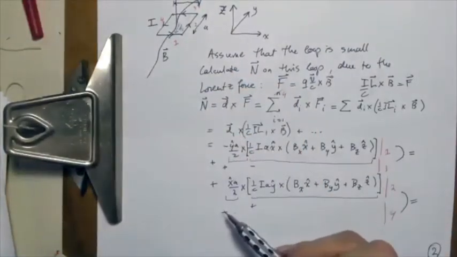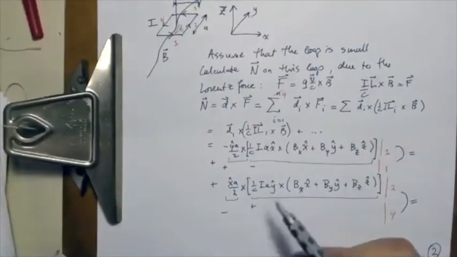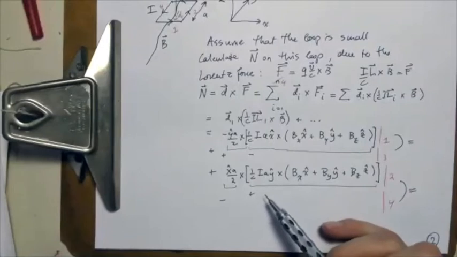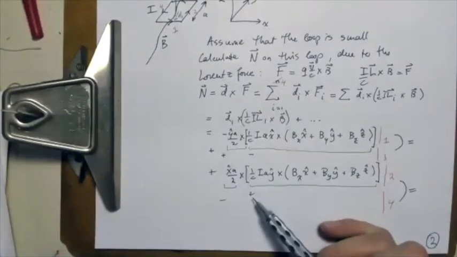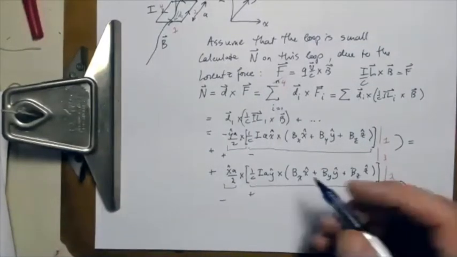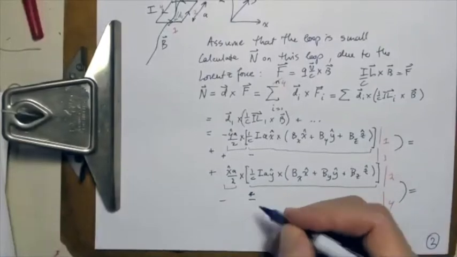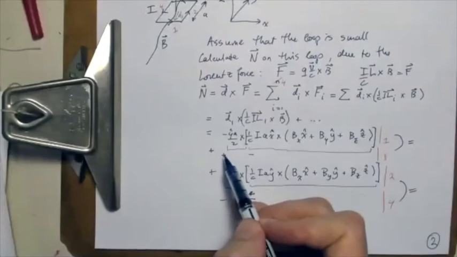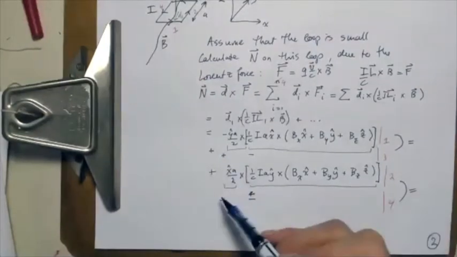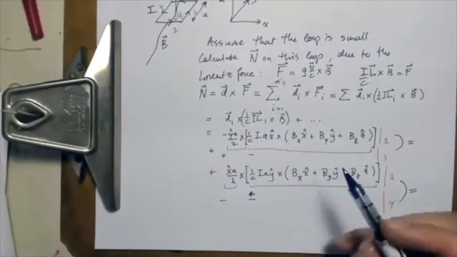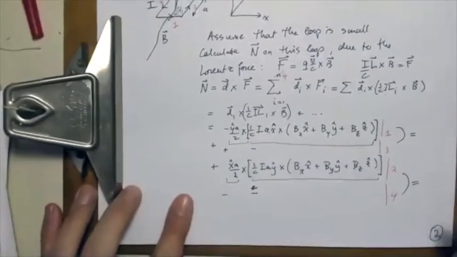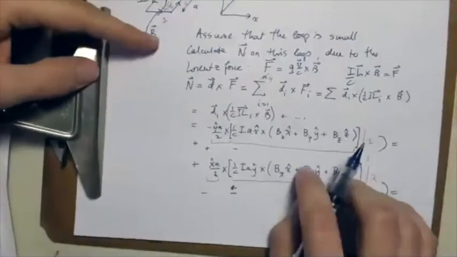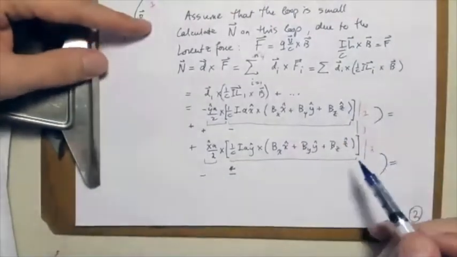So this picks up a minus, and this picks up a minus. Hang on a second. Yeah, so 2 inversions. Okay, this is an inversion, that's an inversion, so these 2 terms are the same. So we're going to get 2 times that term. Okay, so then we need to look at the actual cross products.